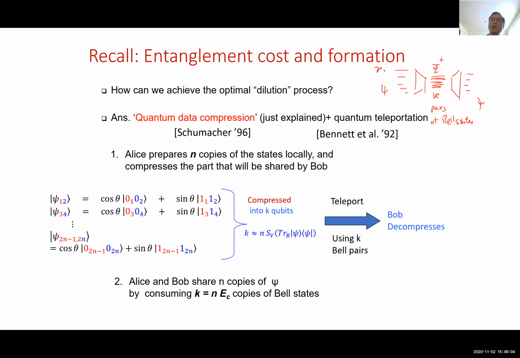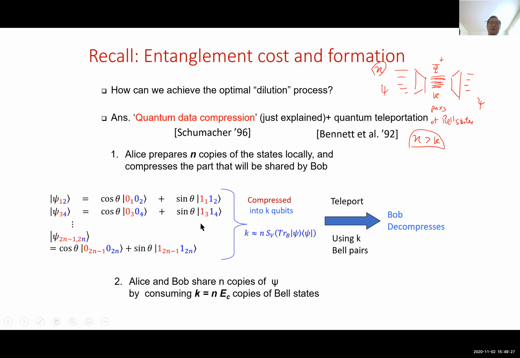But they want to actually establish n pairs of psi, and n is greater than k. So you may say, oh, it's not possible because you want to create more qubits. But they could do that because Alice could locally prepare n pairs of psi, right?